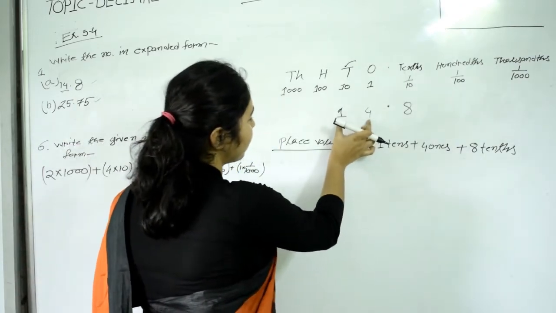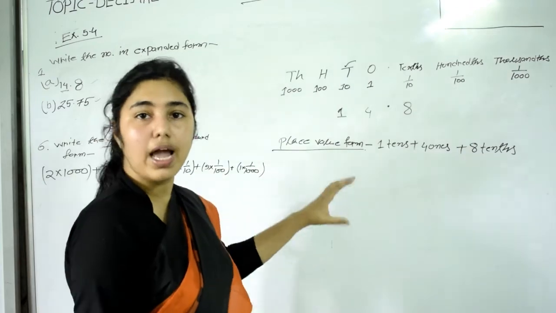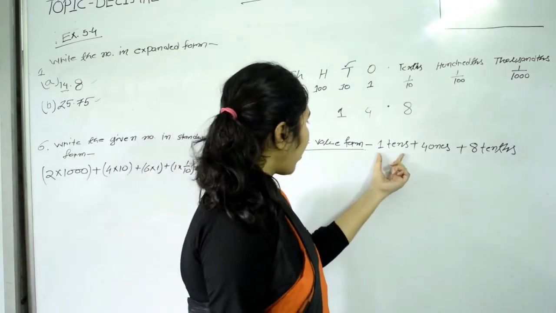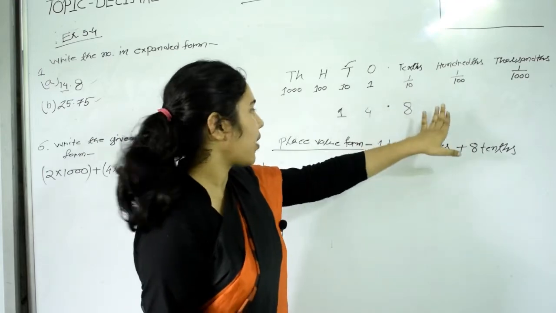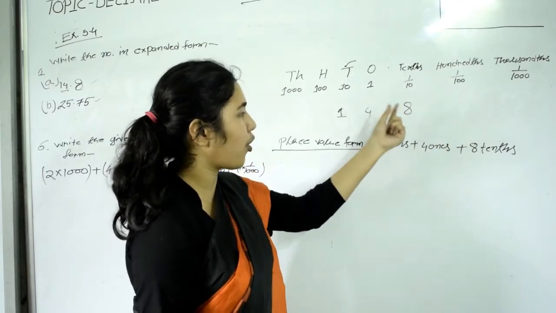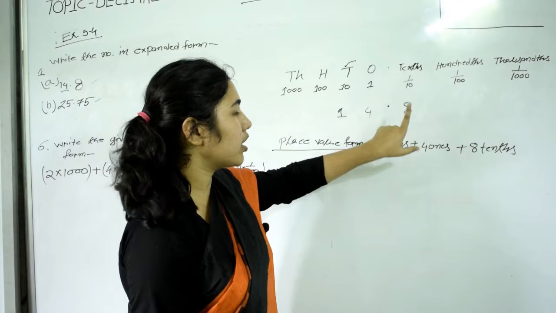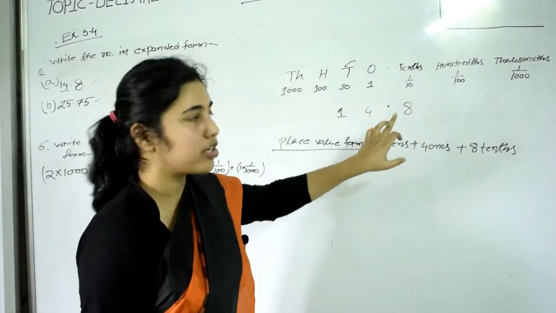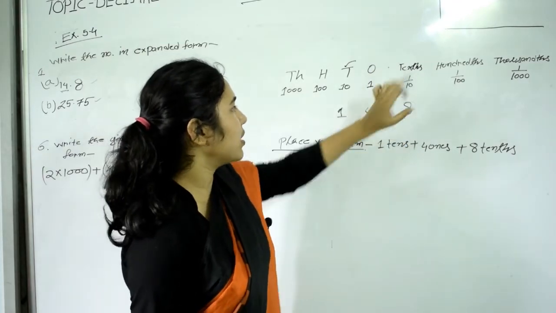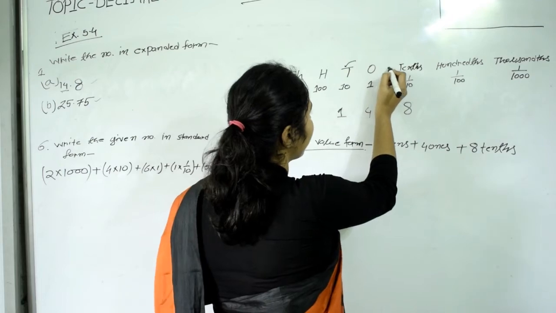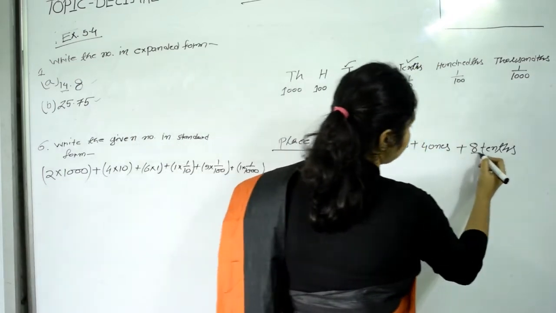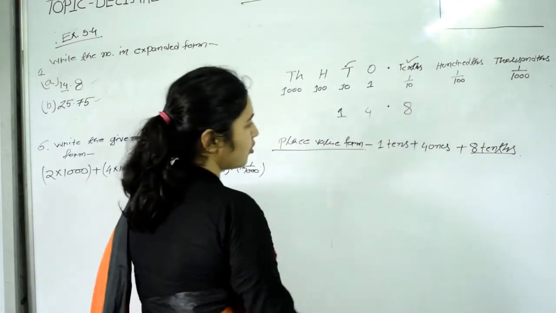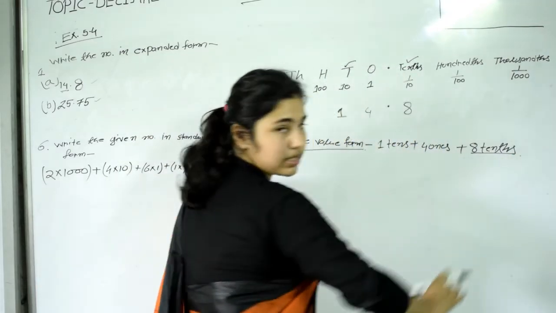The whole number part can be written as it is. Take 1 tens plus 4 ones and after this decimal point, here we have only 1 decimal place, which is 8. Which means after this decimal point the first place is the 10th place. That's why here we have written 8 tenths.